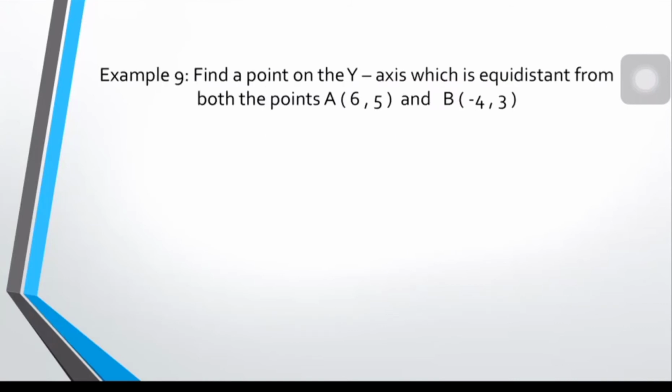Now same model problem. Before, in the problem, we found the point on x-axis. Here in this problem we need to find out the point on y-axis. What is the general form of a point on y-axis? We know the general form of a point on y-axis is (0, y).